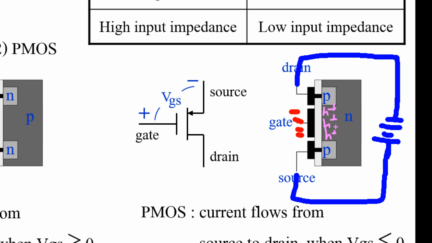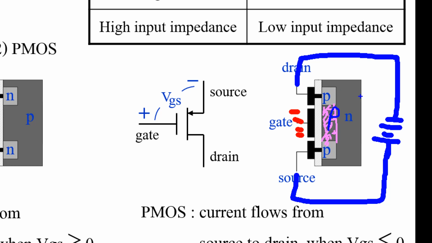After the number of holes becomes high enough, this area will have more holes than electrons. Then this area takes on the property of p-type semiconductor material, or becomes a p-channel.